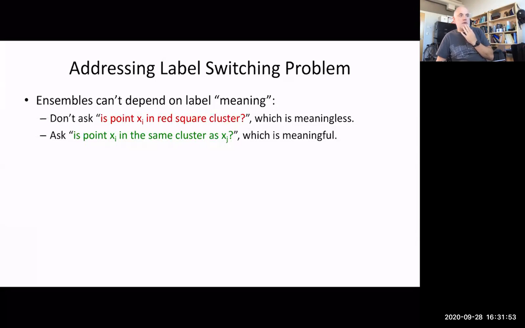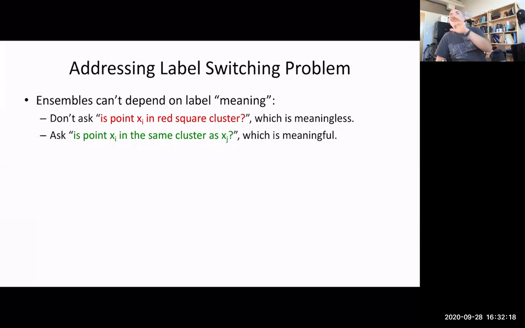To respond to Sean's question, you'd be defining what your algorithm would output by predefining label locations. I think it's better to think about the fact that the kinds of questions you can ask of an ensemble clustering approach have to be invariant to permutations of the labels.